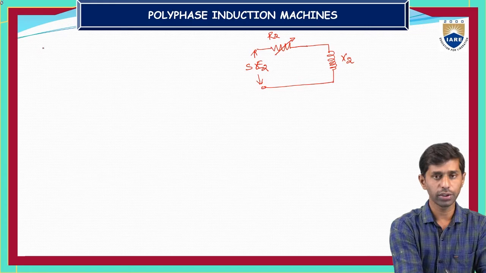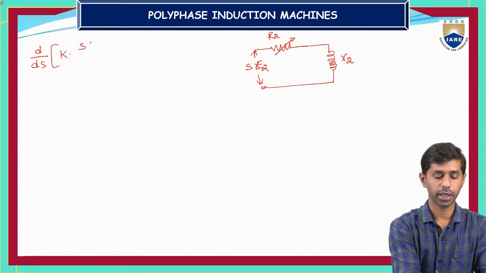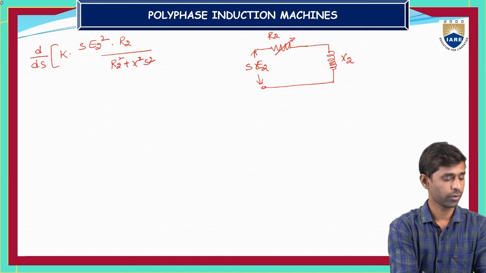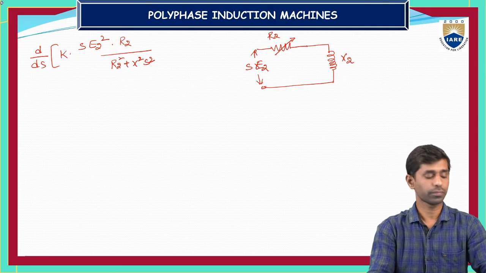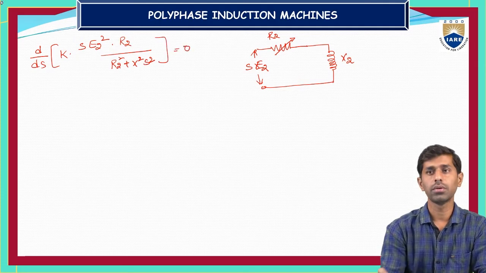Differentiate that expression, d by dS of K into S times E2 square into R2 by R2 square plus X2 square S square, and equate it to 0.